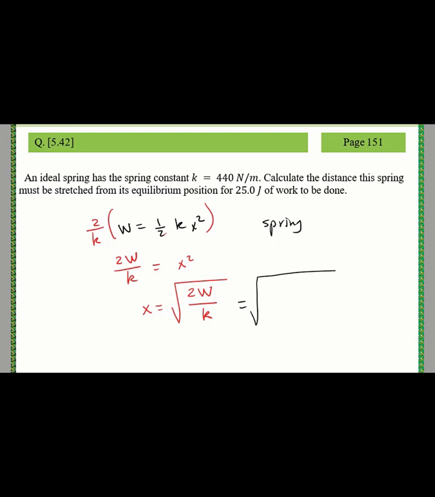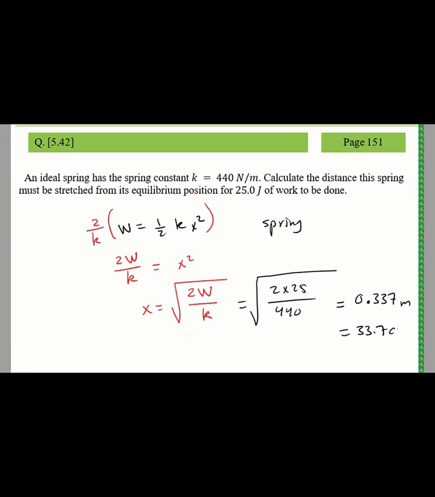Substitute. The work is 25, so 2 times 25 over k, which is 440. So 2 times 25 over 440 is 0.337 meter or 33.7 centimeters.